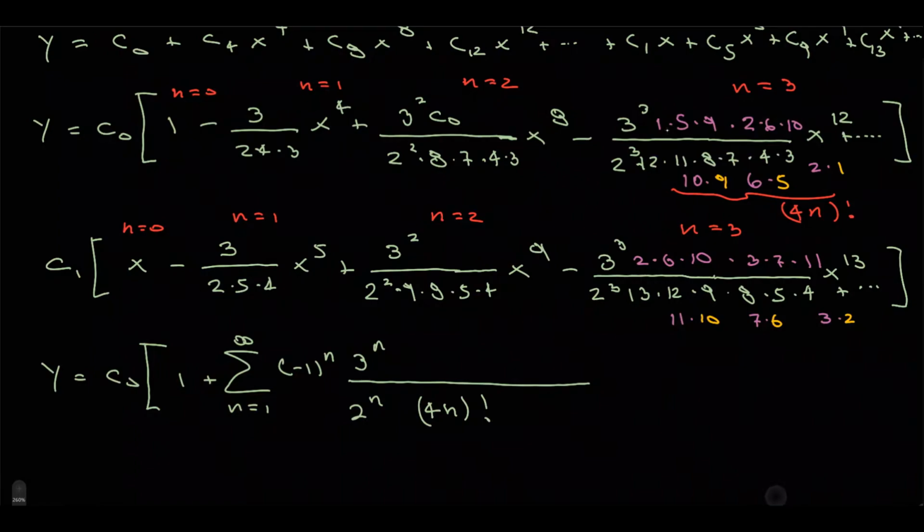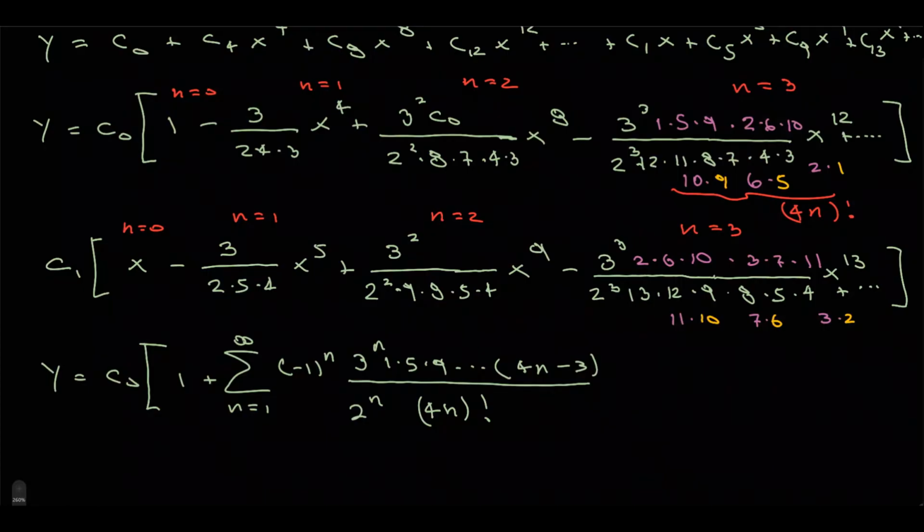And in the numerator, what do we see? 1 times 5 times 9, dot, dot, dot. These integers differ by 4. In this case, for n equals 1, 4 times 1 equals 4. In this case, how about minus 3? That'll take me to 1.